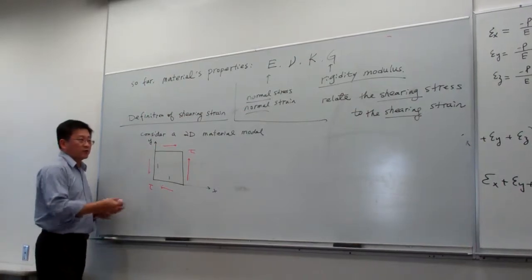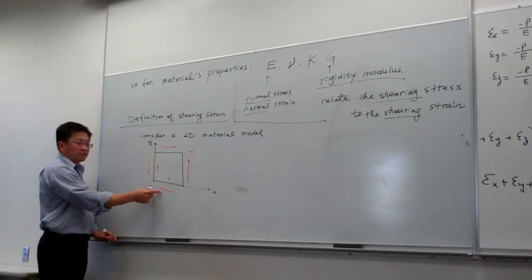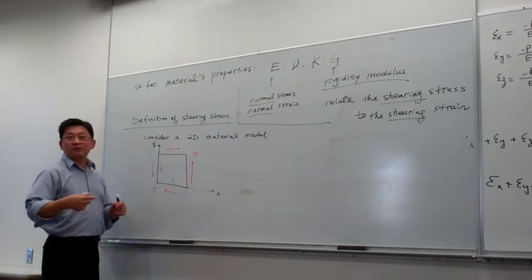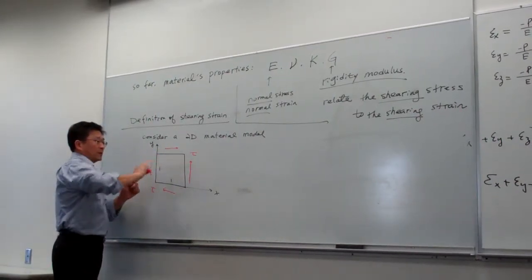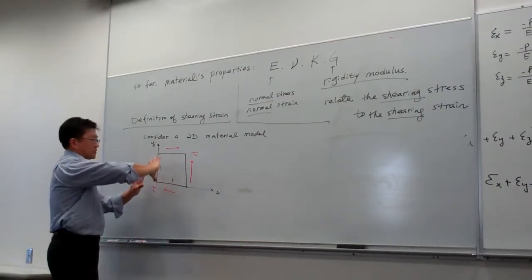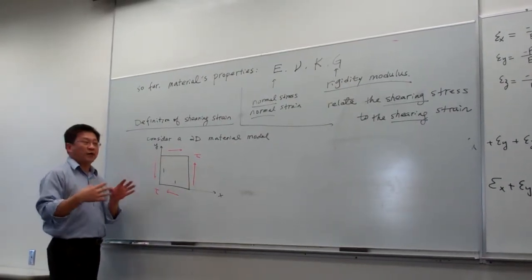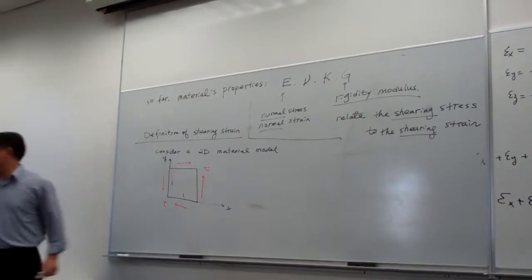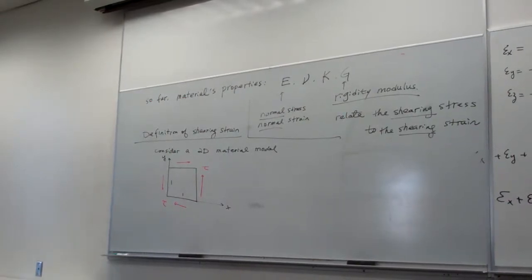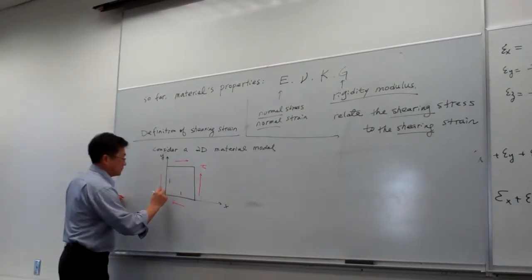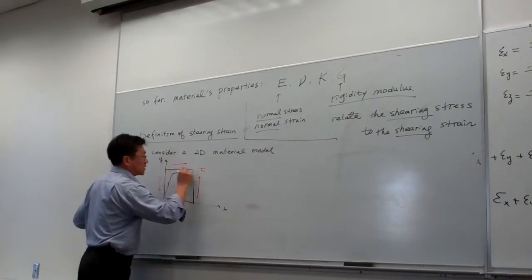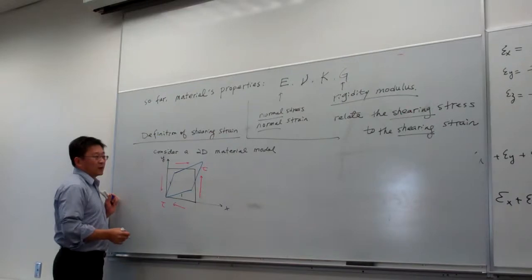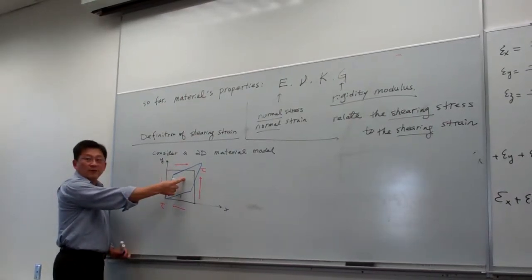And in static equilibrium, the four shearing stresses must be equal in magnitude. And this shearing, in response, will not stretch, but try to change the shape from the square to a rhombus, and that rhombus can be described in this way. So I schematically draw it. Not so perfect, but just to show you. Okay, so this is the deformed shape.